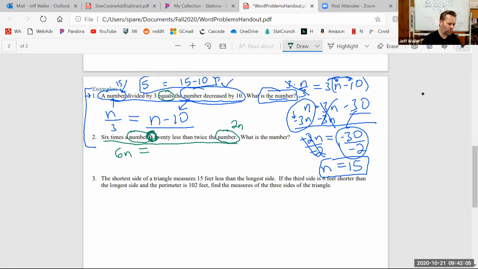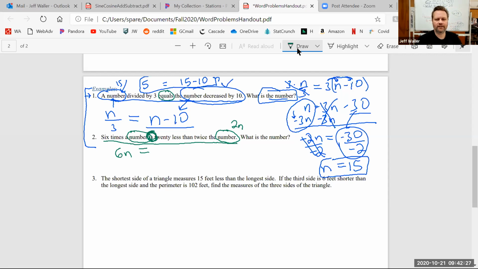And how do I write 20 less than that? Be careful. 20 minus. So it's not 20 minus 2N. So let me ask you this. Guys, stop looking at the problem. Look at me.